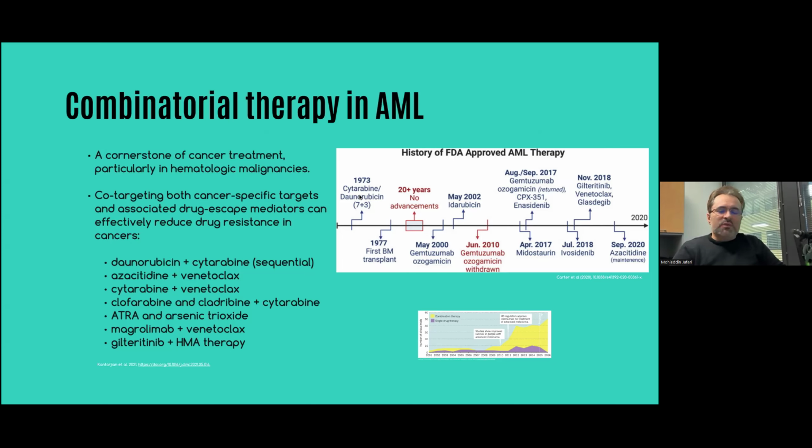But later on, after we had more information about the molecular biology background, we tried to design combination therapy based on targeting signaling pathways. For the case of AML, we have a lot of combinations at the level of clinical trials or clinics, as you can see in some examples in this list.